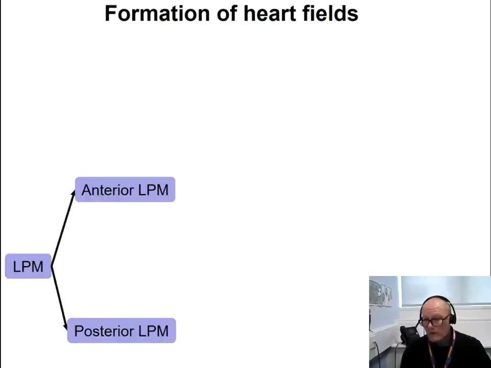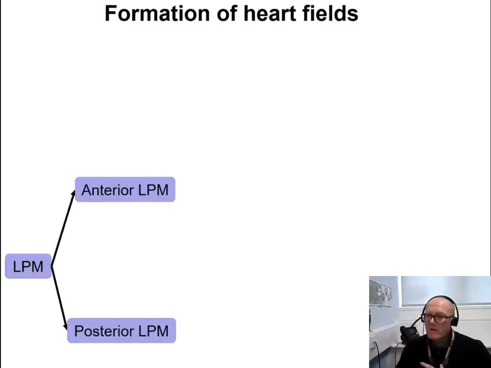Now, I told you that the lateral plate mesodermal cells are responsible for the formation of the heart, but also the blood vessels as well as the blood. But how are the blood vessels, blood, and heart specified?